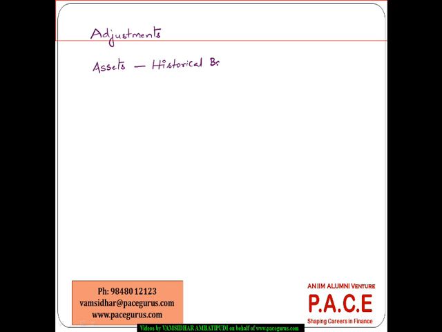Whatever the various assets, historical cost: the cost at which the asset was acquired long back is the cost reflected in the financial statement, and not the current fair market price. So in general, that used to be the case.